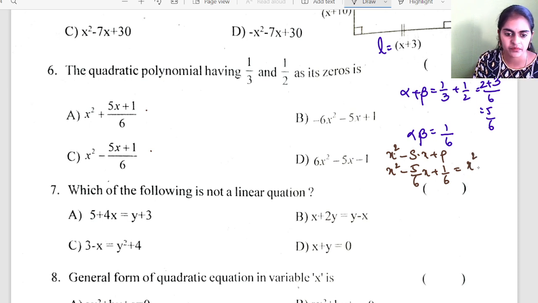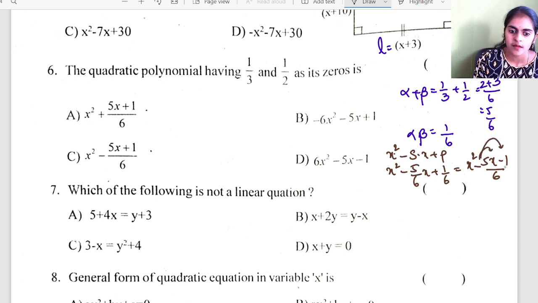So it will be x square... this would be the answer. See here, 5x minus 1 by 6. So again taking minus, here you will have minus 5x and plus 1. Okay, so this is one way you can write.